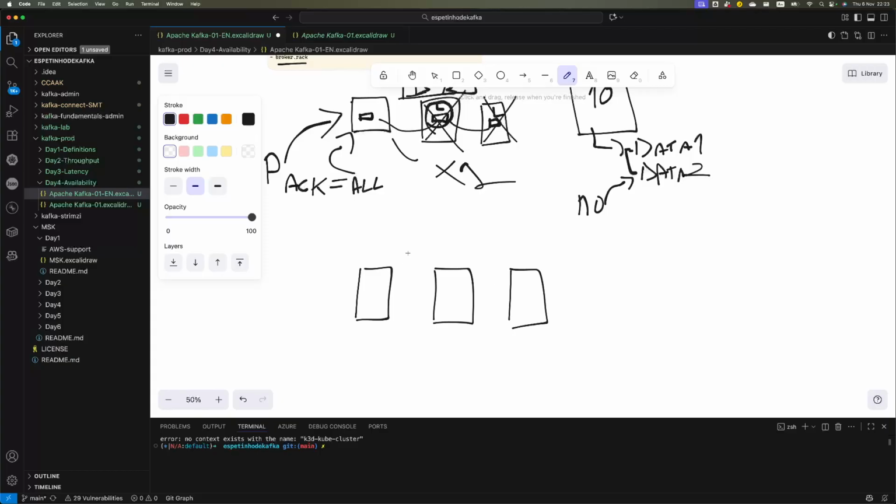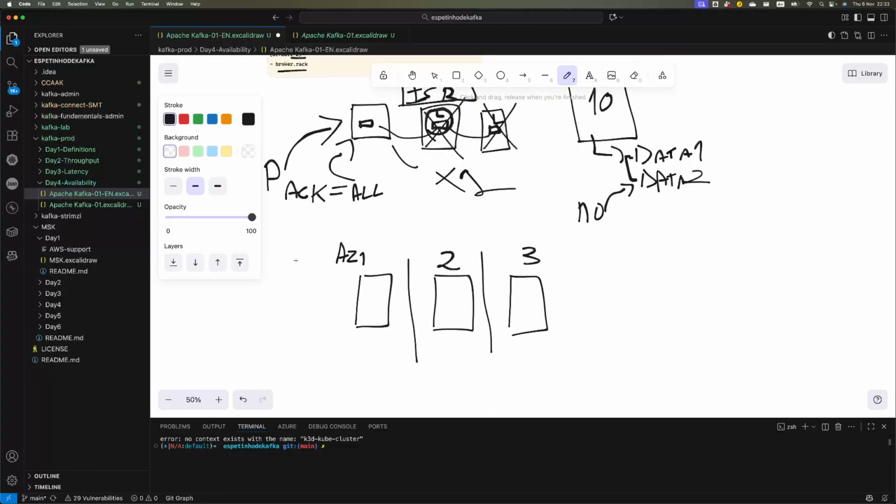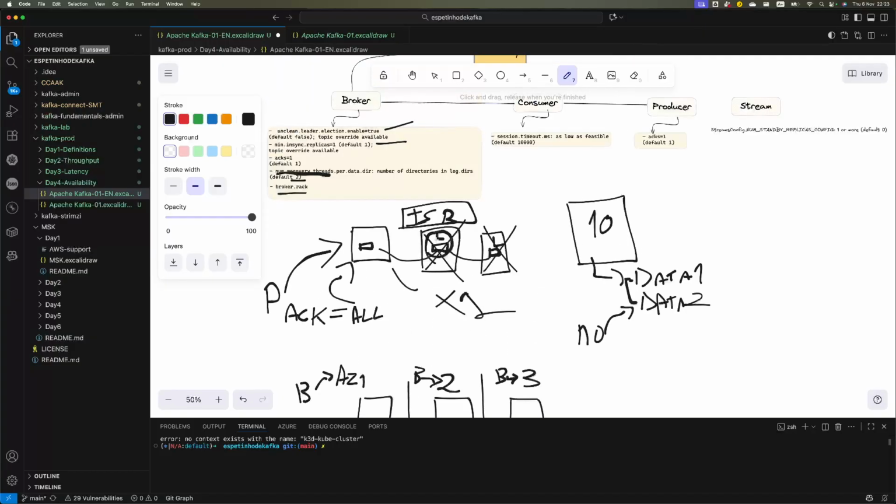Let's imagine each broker lives in a different AZ: AZ1, AZ2, AZ3. So you can configure the broker rack. This broker replica 1, broker replica 2, broker rack, actually broker rack, right?